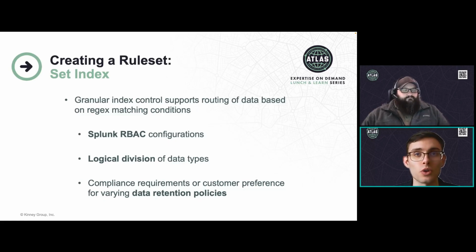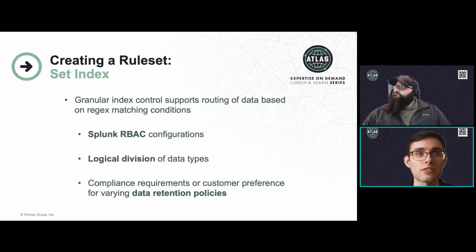So as we're working to process a larger source type and identify specific types of logs, we can push those to a particular destination. Setting different indexes for data sources does allow a more granular and logical division of those data types.